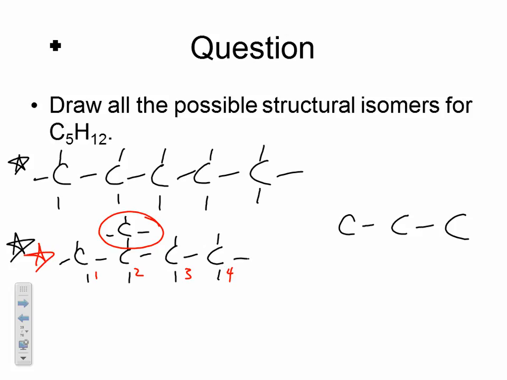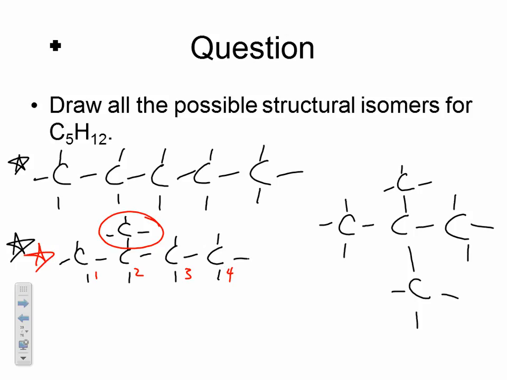Now with substituents on a 3-carbon chain, I cannot put them on the end. If I put the substituents on the end, I would be lengthening my carbon chain to 4 carbons. I don't want to do that. I want to keep my carbon chain at 3. So I could put one of my substituents up there and one of my substituents up there. And that is the third possible structural isomer for C5H12.